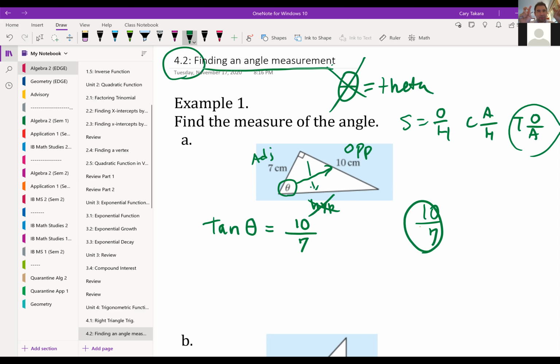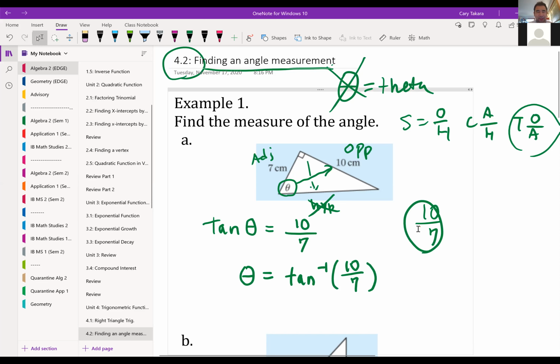So to find theta or the angle measurement, you're going to take the inverse tangent of 10/7. Do not cross multiply. It will not lead you anywhere.